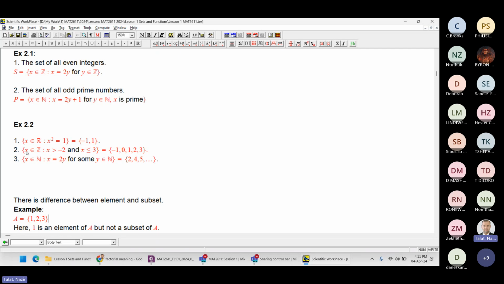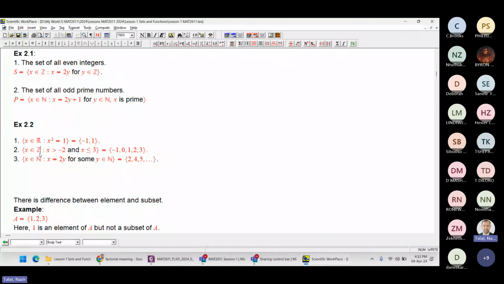And if X is a set of integers for which x is strictly greater than minus 2 and x is less than or equal to 3, it means starting from minus 1, 0, 1, 2, and up to 3, which is also included, as 3 is an element of the set of integers.